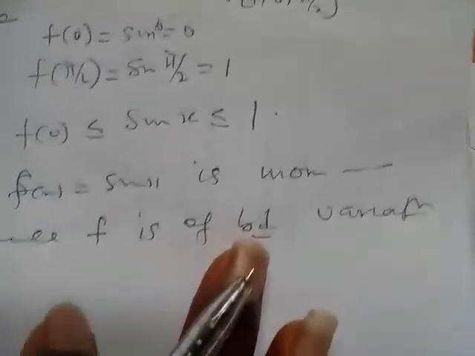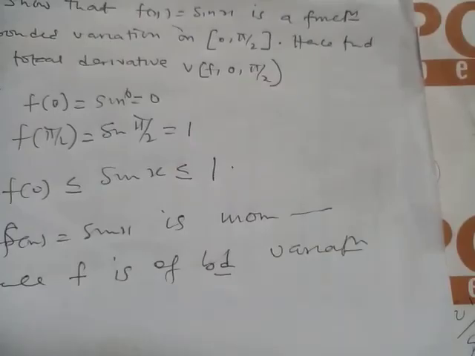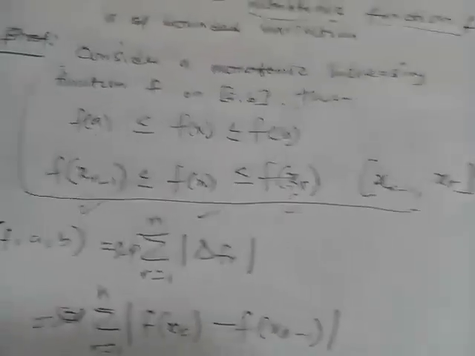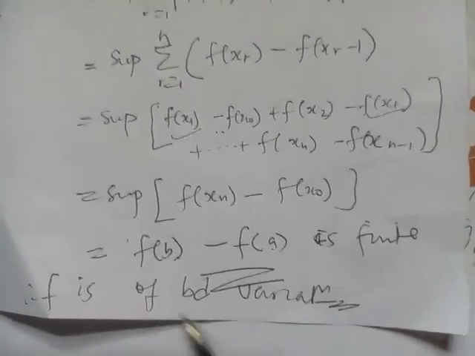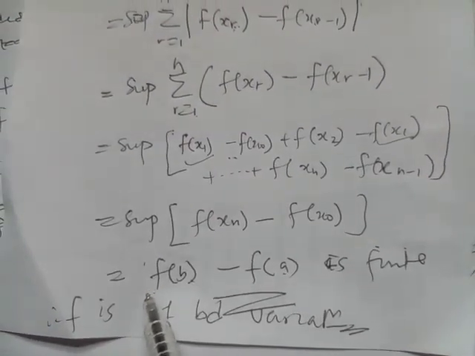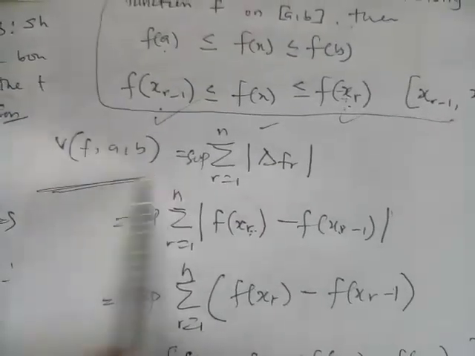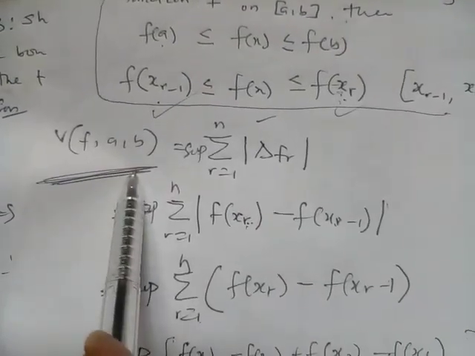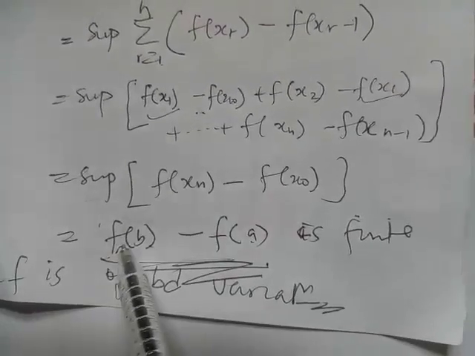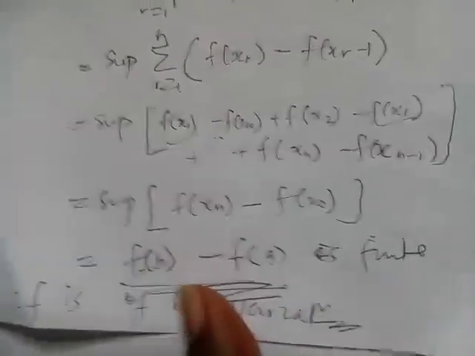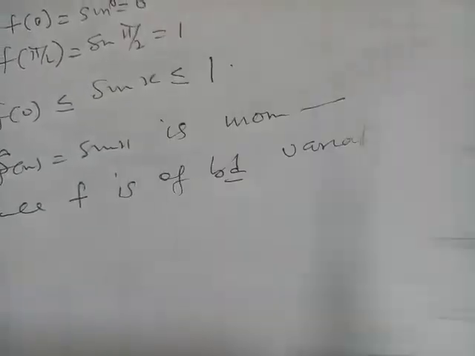So the question now says to find the total variation. So remember, in the course of proving the theorem, we later found out that this total variation is the same thing as f of b minus f of a if a function is bounded and monotonic.